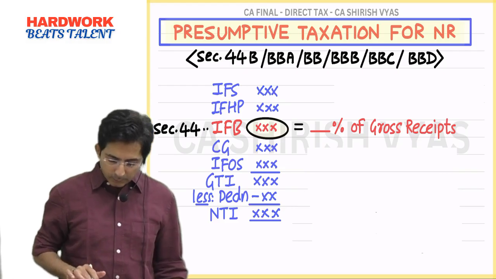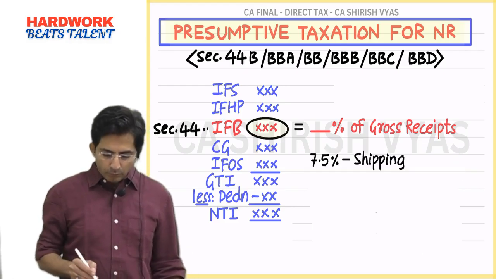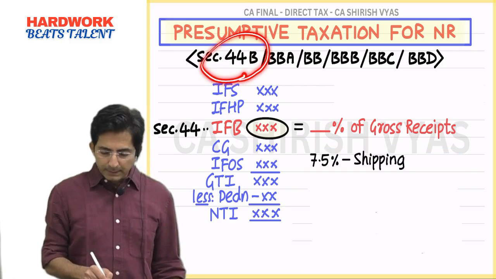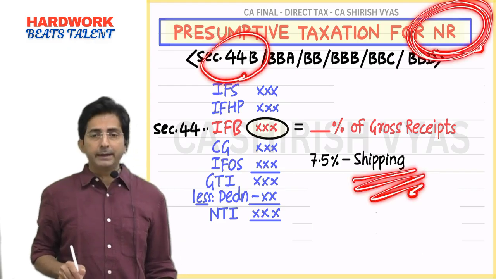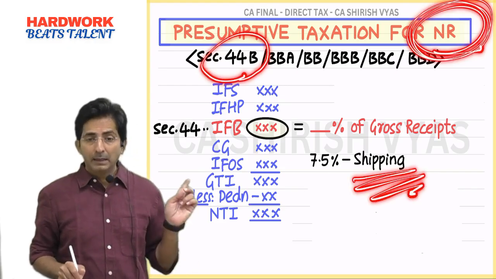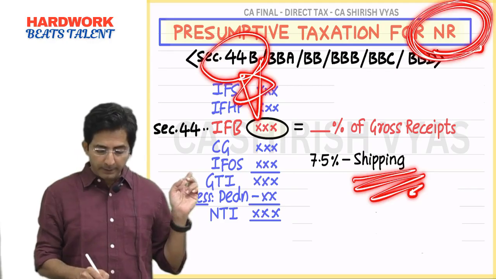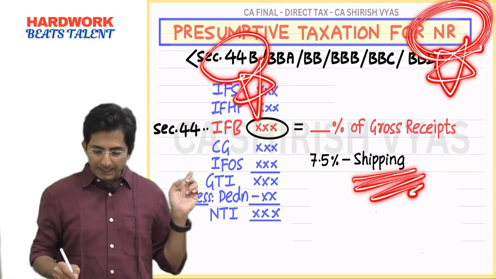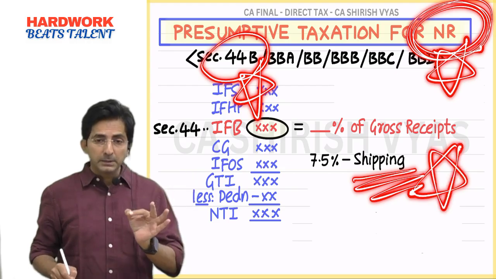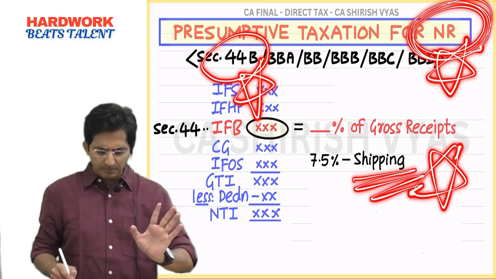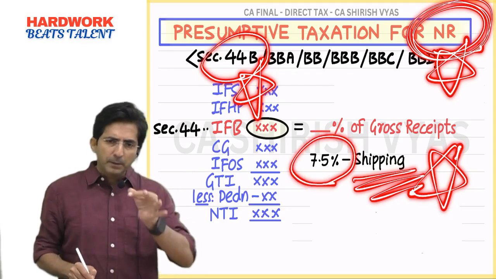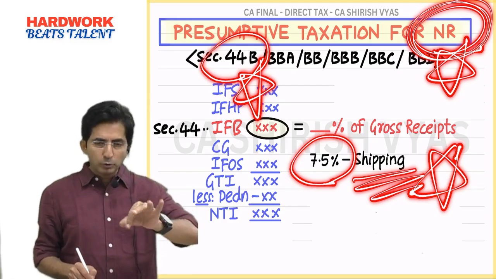There is one section, 44B. It says if a non-resident has a shipping business in India. See what I have highlighted. As per 44B, whatever collection he gets in the shipping business, 7.5% of that will be assumed as his profit.